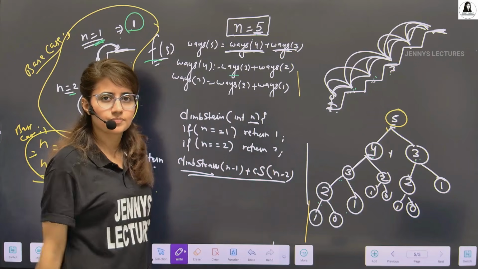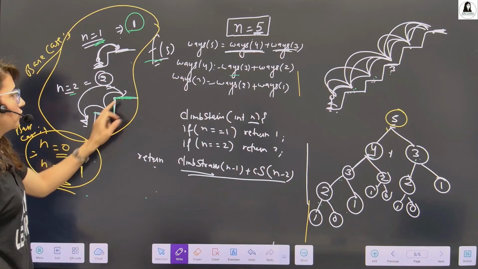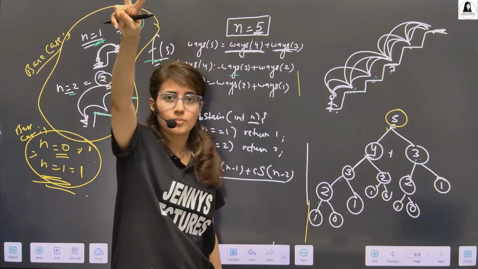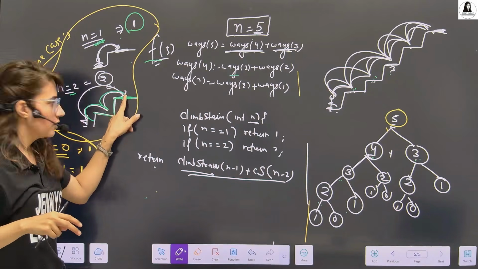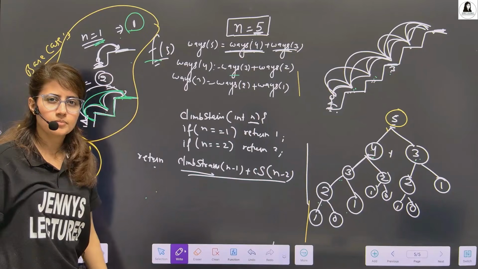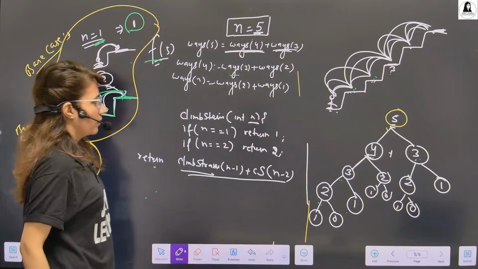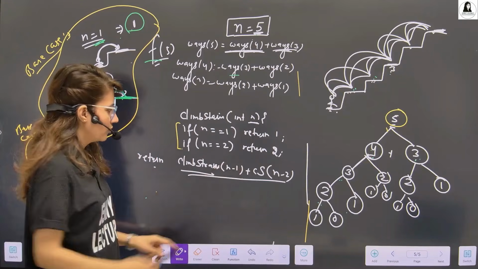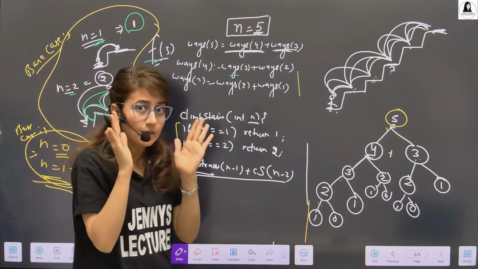There are two ways: one step then one step, or directly jump there taking 2 steps. So it will return 2. These two are base cases. Otherwise, we just call this recursively. That's how you can think about this.